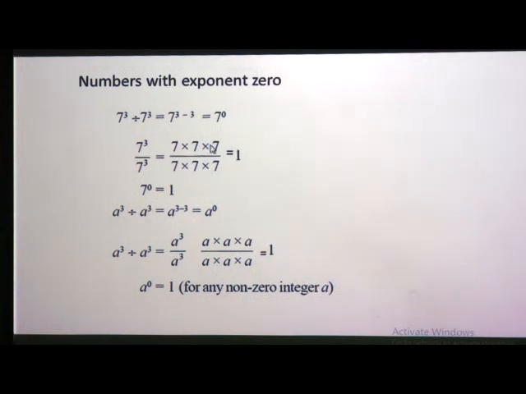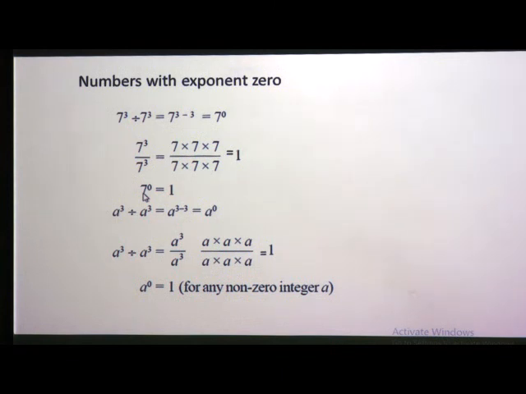Now this all gets cancelled. When it is possible to reduce from numerator to denominator, we have to reduce and simplify. So after the simplification of this, we get 1. So we write 7 raised to the power of 0 is always 1.